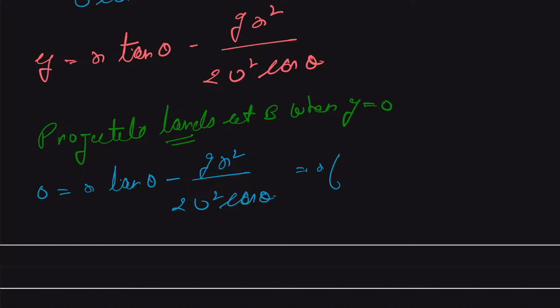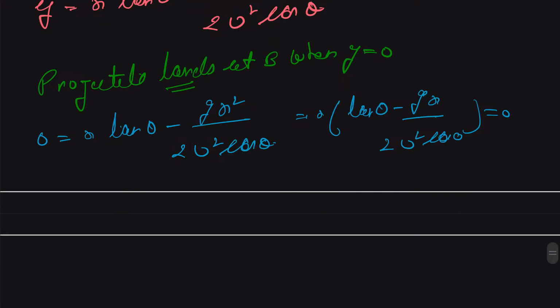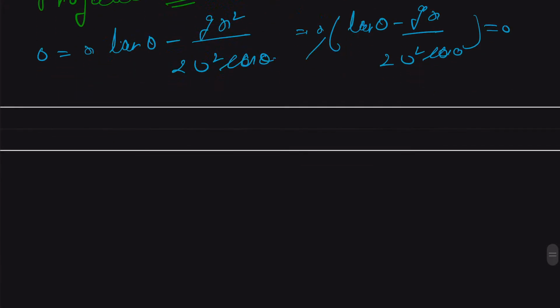So we take x as common, so we get tangent of theta minus g x upon 2 v square cos square theta is equal to 0. So obviously x cannot be equal to 0. Therefore we get that tan of theta minus g x upon 2 v square cos square theta is equal to 0.